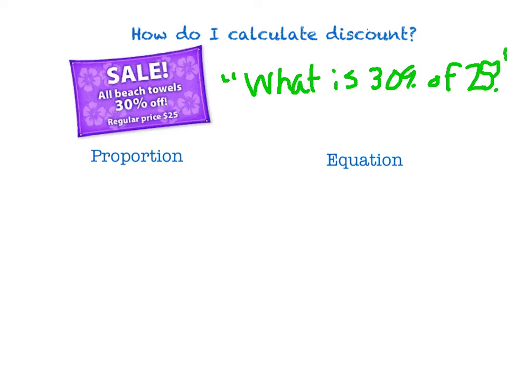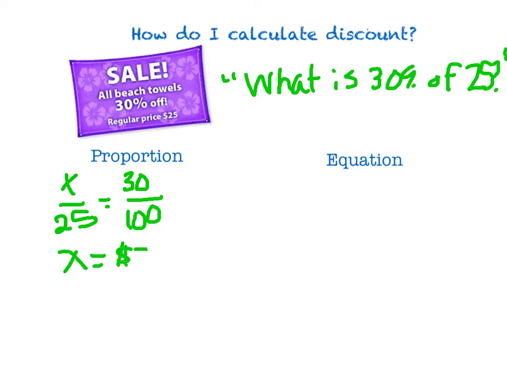All right, so again, I would then set this up as a proportion, taking my 30 all over 100 and my 25 down here. So when I cross multiply and I divide, I'll take my 30 times 25, and I'll get 750, and then I'll divide that by 100, giving me $7.50.